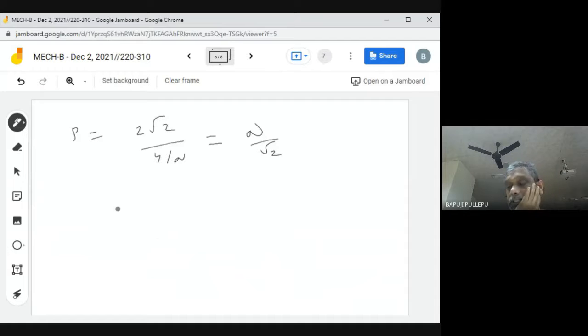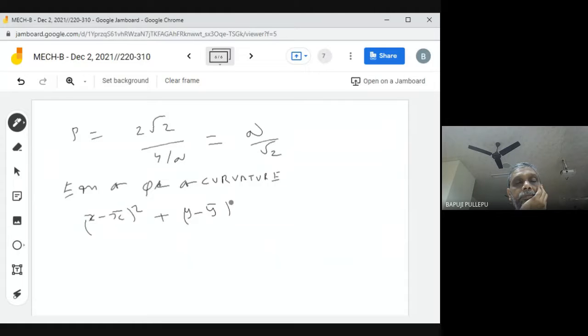Now the equation of the circle of curvature is what? Rho square, rho square is what? a square by 2. Correct?